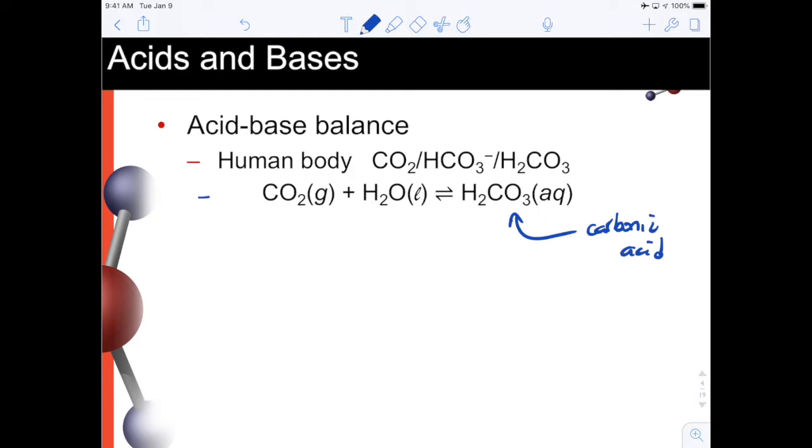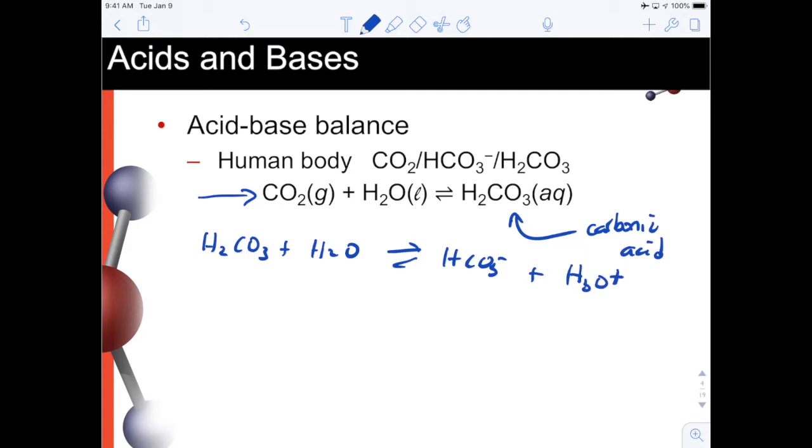CO2 is an acid. And this is one of the problems with climate change, one of the lesser known problems, that is acidification of oceans, because the oceans absorb most of the CO2 that's put out there. So what can happen now is this carbonic acid, H2CO3, can actually react with water and form HCO3 minus plus H3O positive.